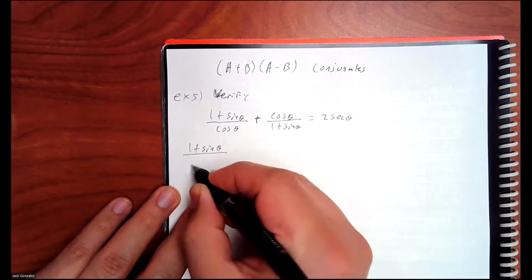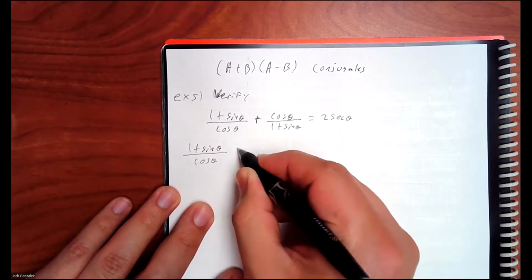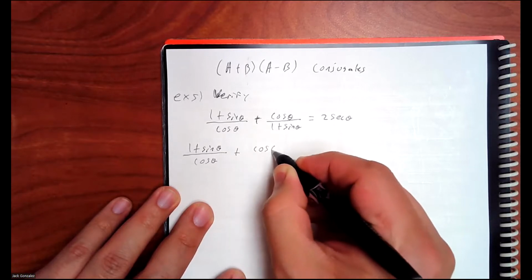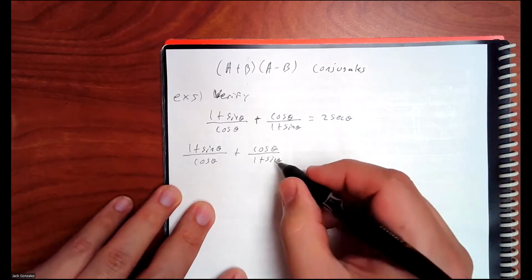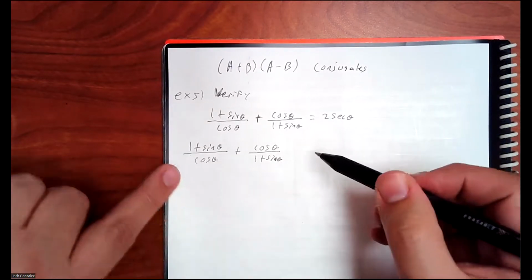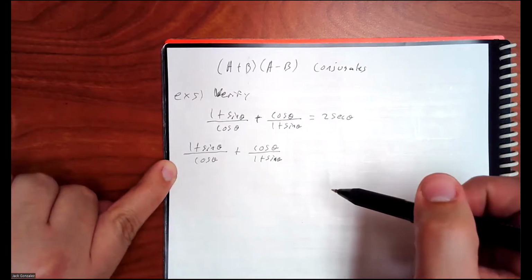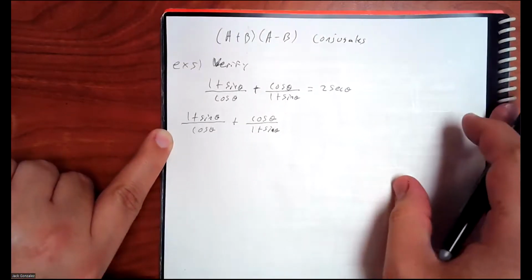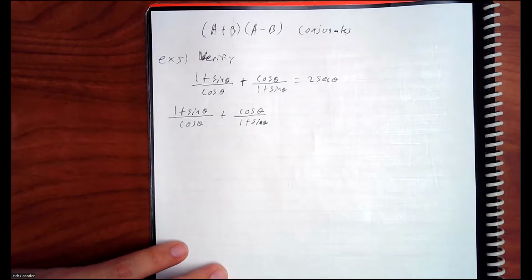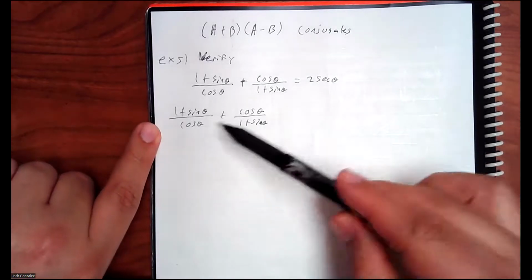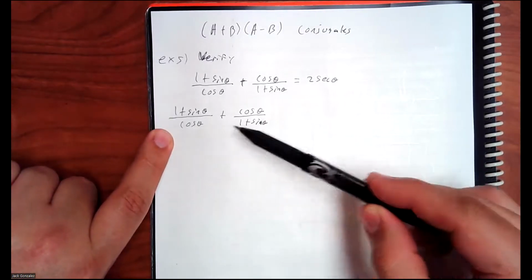So when you see this left side, you see two fractions being added together. So add them together. What is the LCD here? Yeah, for both fractions, LCD is going to be cosine and 1 plus sine, right?